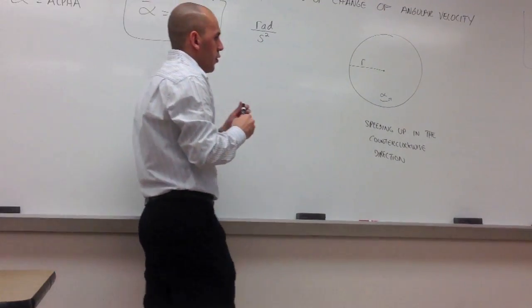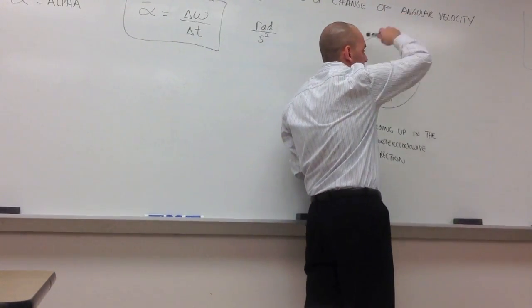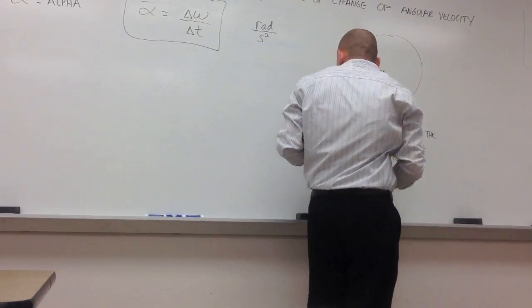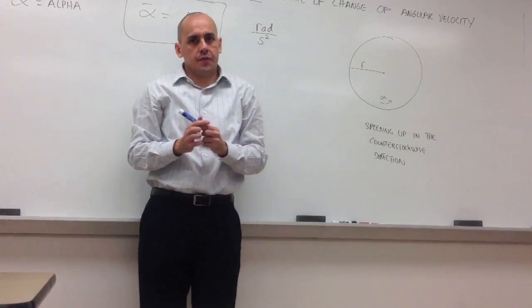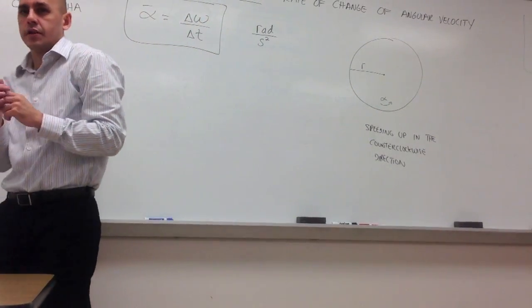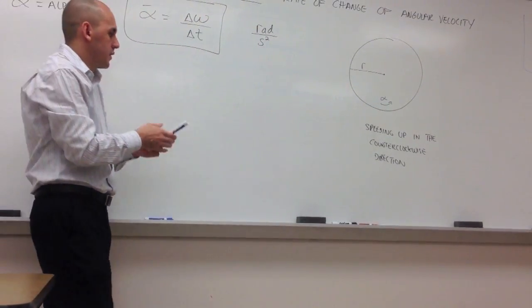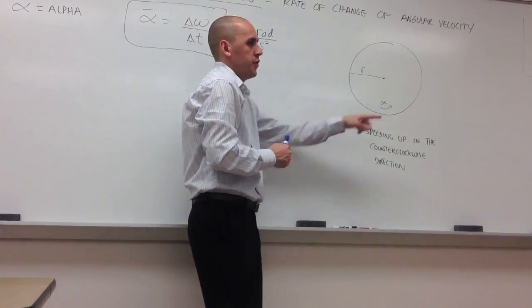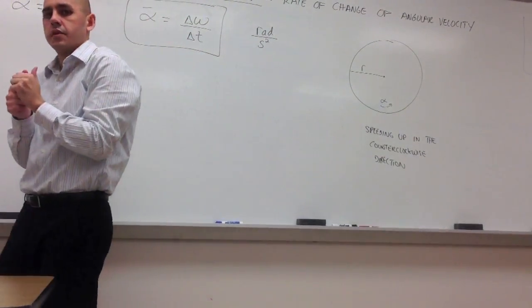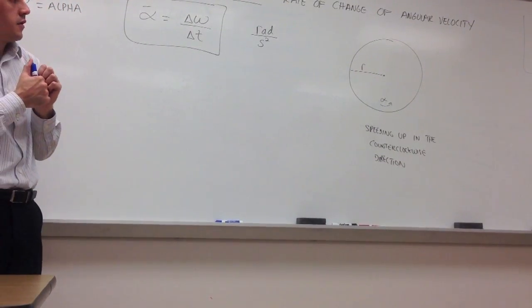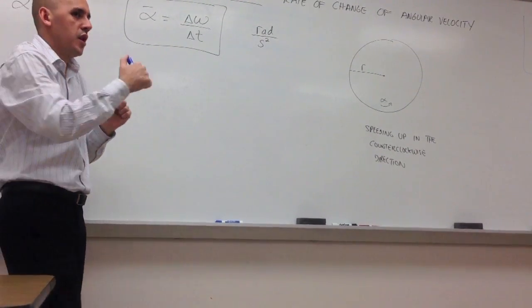Okay. So now if we're speeding up, if our rotation is speeding up around like this, then we can also describe that with an alpha, to describe the angular acceleration. What other kinds of acceleration do we have here in this problem? If you have a circle here, something rotating, what other acceleration is there? One of these we already know.